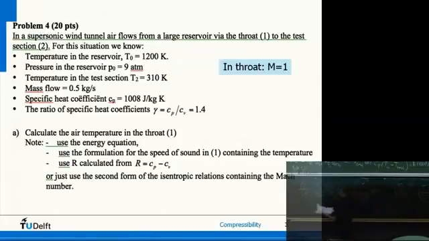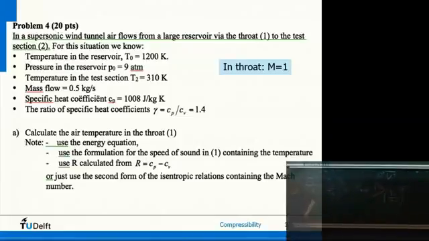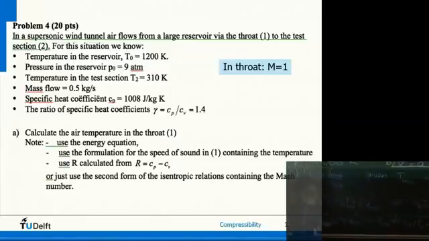And that's not so interesting, so rho star is rho 0, which we just computed, 2.64, divided by T0, which was given, 1200. T star we computed at some point, right? Yeah, 1000 Kelvin.